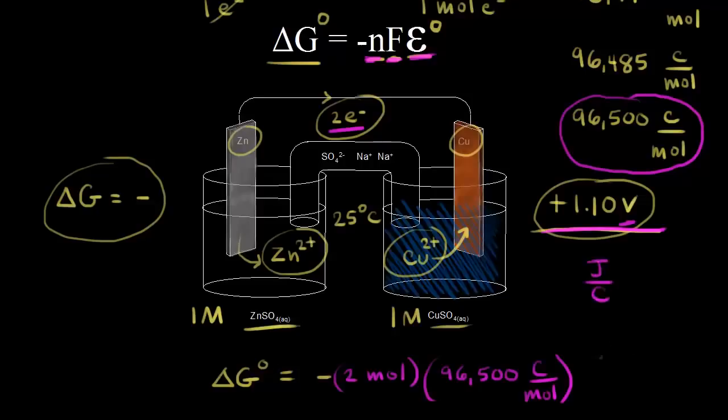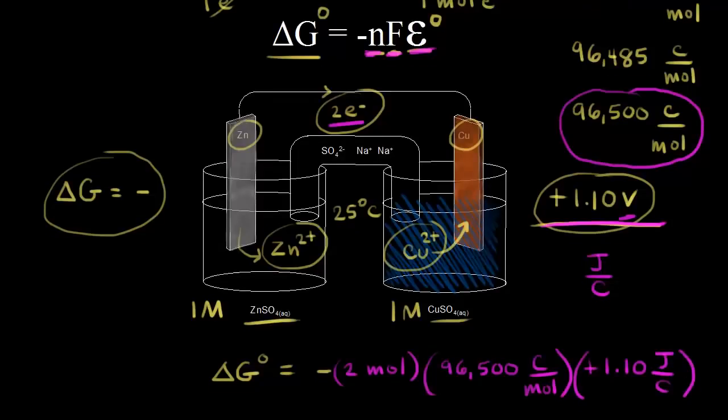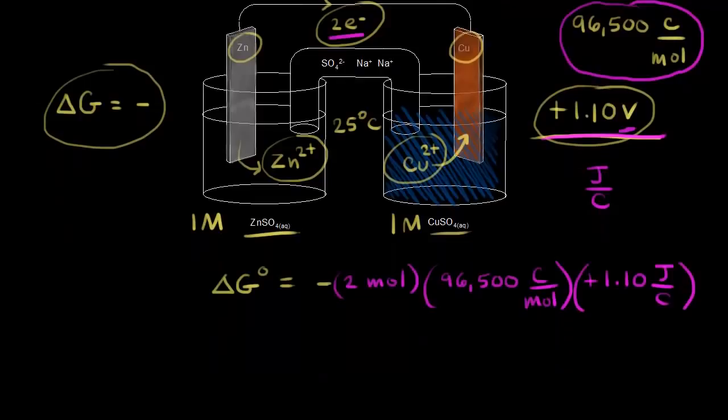So instead of plugging in volts here, we're going to plug in joules over coulombs, so our units will work out properly. So this is positive 1.10 joules per coulomb. All right, let's do this math. So let's look at our units first, and let's see what cancels out here. Our moles cancels out, our coulombs cancels out to give us joules for our answer.